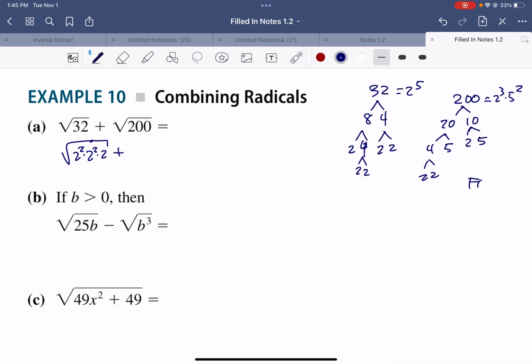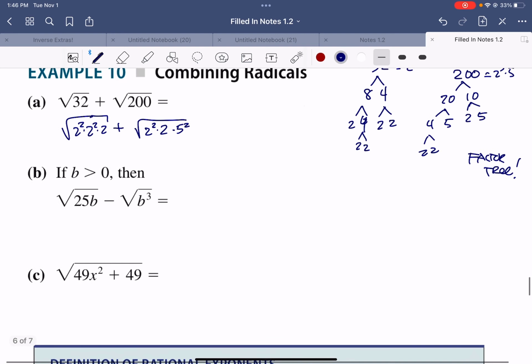So we should be able to do a factor tree if you can't already. So this would be 2 squared times 2, and 2 squared times 2 times 5 squared. So anything that's squared can pass through the radical. The square root of 2 squared is just 2. The square root of this 2 squared is just 2.